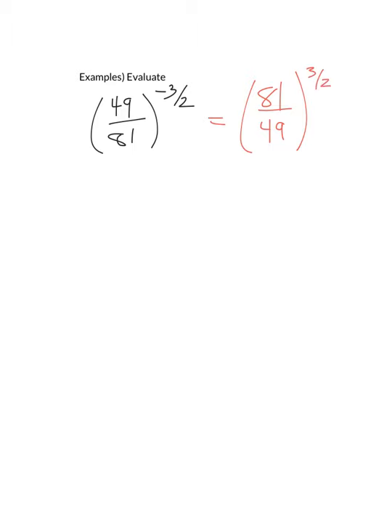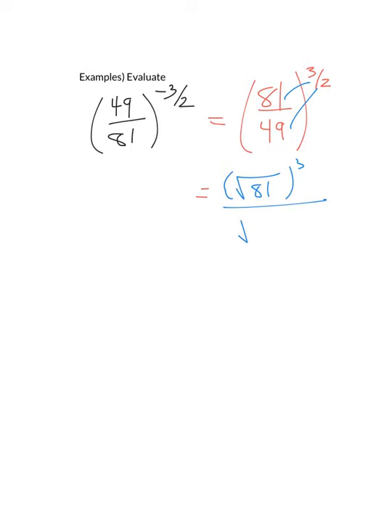Next, I can go ahead and bring this 3/2 in, and because of my rules last week, I know I need to bring that into my numerator and my denominator. So because my denominator is a 2, I'm going to have the square root of 81 to the power of 3.